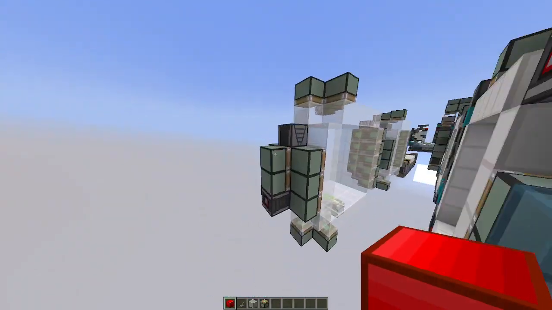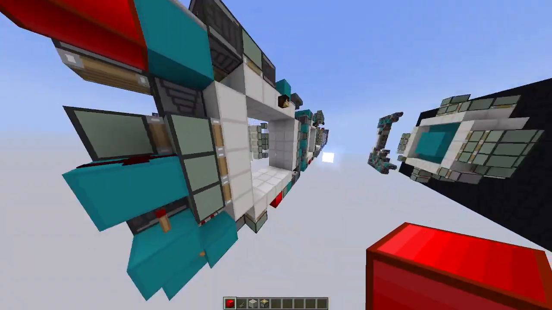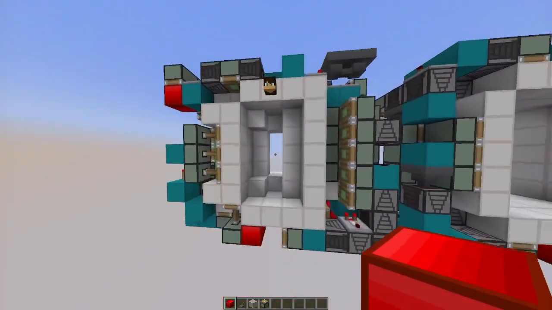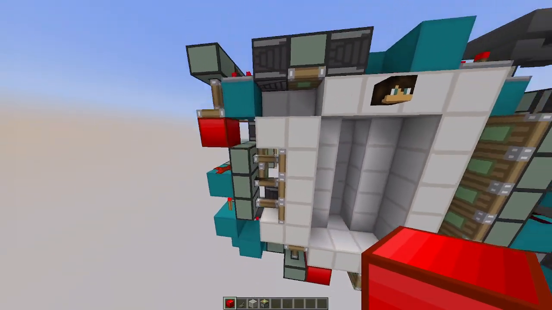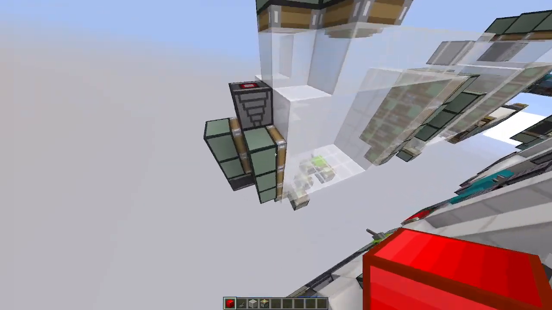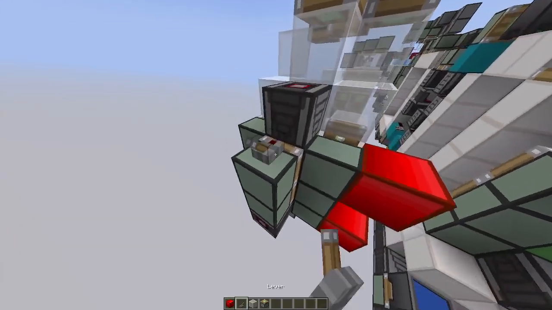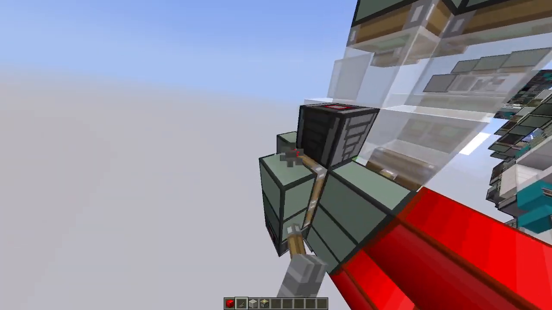what it will do is actually it will check. You see this actually constantly extends, which will make these pistons not stick to the slime extender. And now you can freely push your slime extender. Or I should push the bottom one.